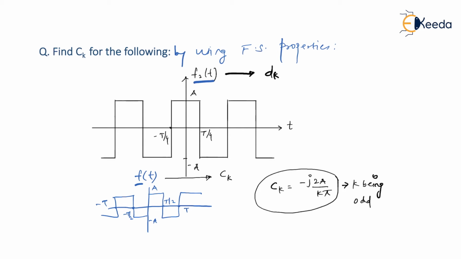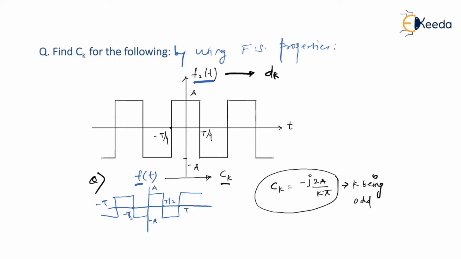Ck is present only at k being odd. So let me remind you, in the last video lecture, we have already done this question, that is the f of t question, for which the Fourier series coefficient was ck. Now for f2 of t, we have to express f2 of t in terms of f of t so as to get dk in terms of ck. I hope you got my point.